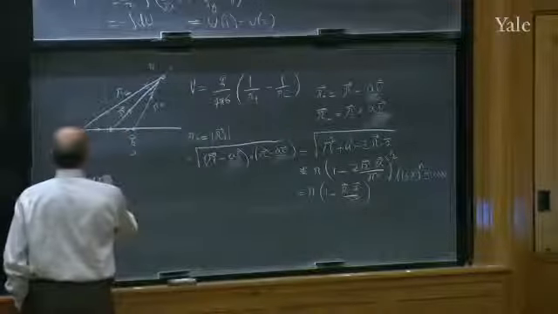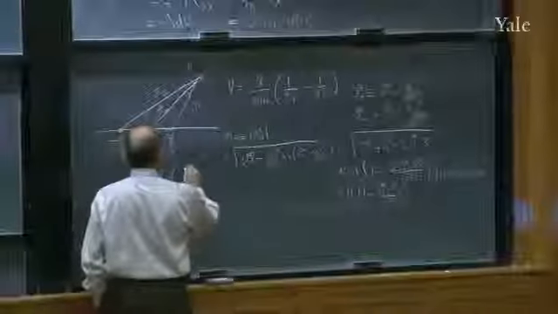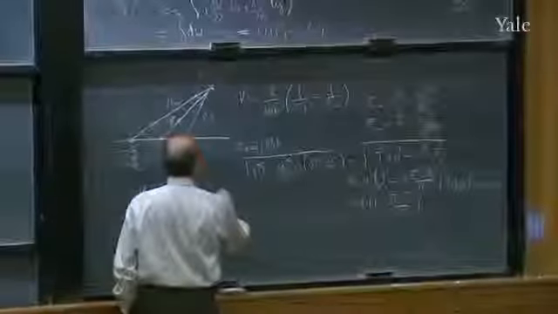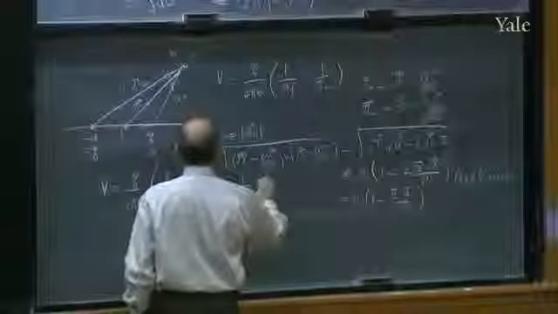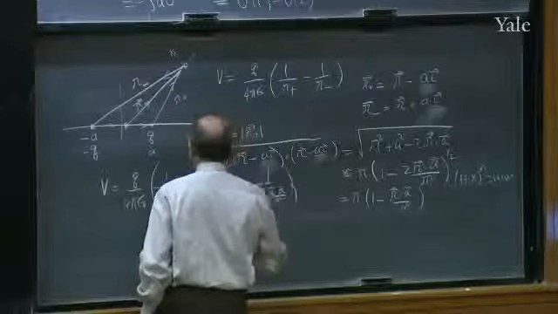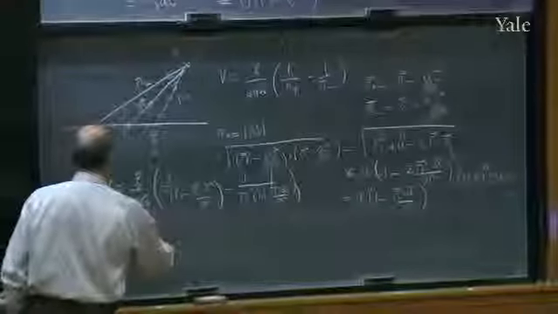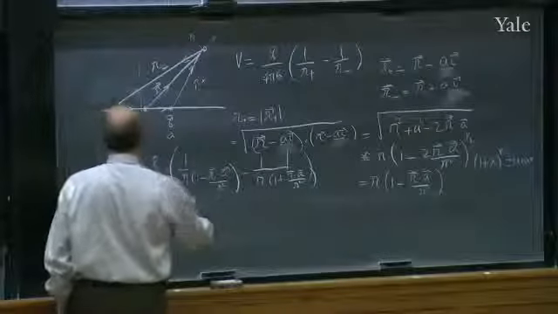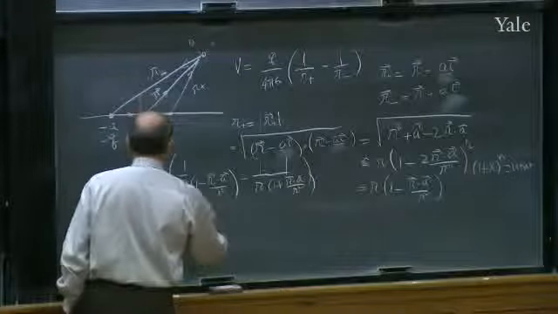So now we can write V equal to Q over 4 pi epsilon 0 times (1 over R times (1 minus R dot A over R squared)) minus (1 over R times 1 over (1 plus R dot A over R squared)). This is going to be found in every textbook on the planet, so don't worry about it. If you simplify this, you'll get twice A dot R divided by R squared.